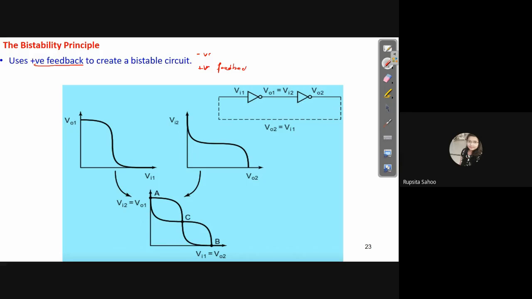Op-amp is of negative feedback. Anyone? Sir, Schmitt trigger is positive feedback. Schmitt trigger circuit, yes, it is based on positive feedback.